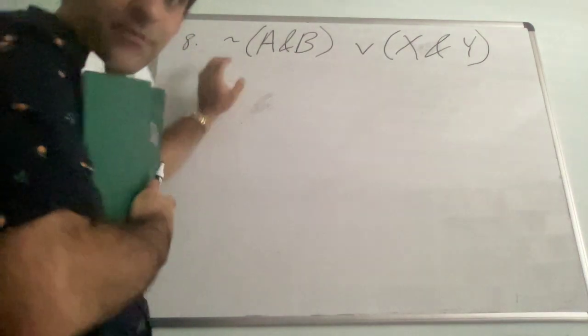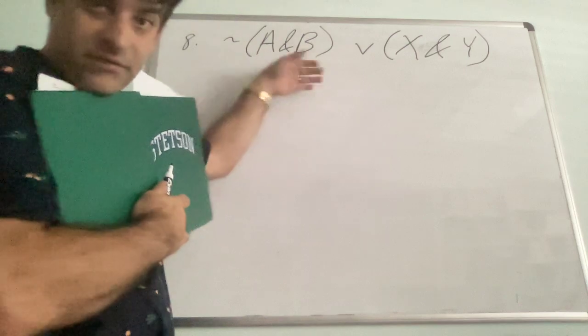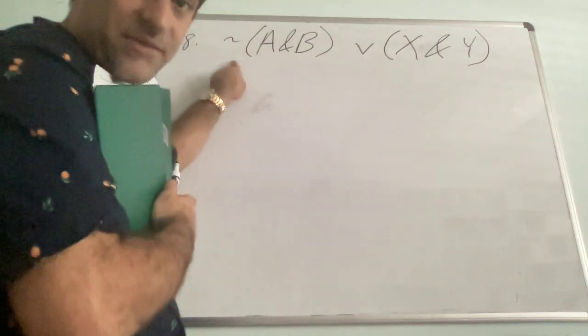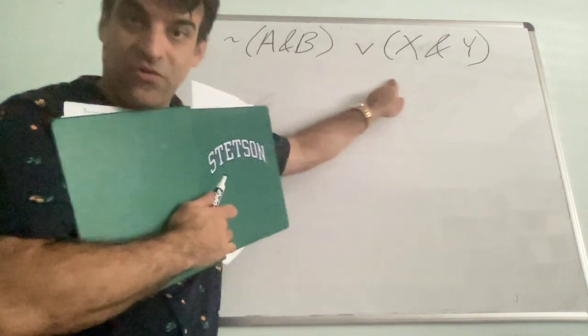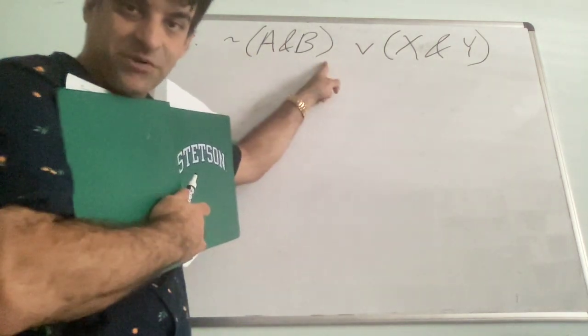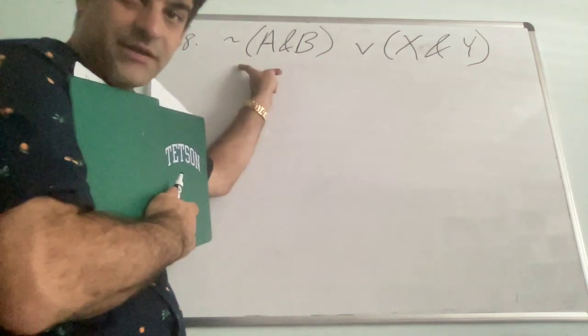Now remember, negation applies to whatever unit is next to it. If it's next to a capital letter, it just applies to capital letter. This is not the main connector. It does not negate this whole long string. It just, right, next to this parentheses closes here, so it negates this. It says A and B is false.